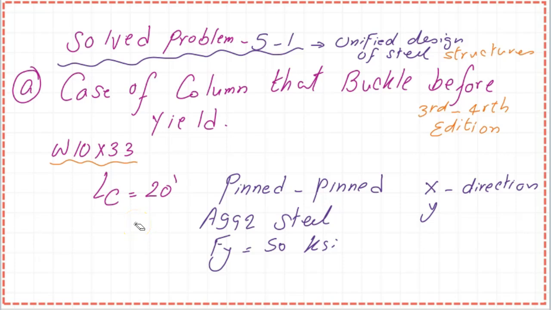The height of the column is 20 feet, and that column is pinned from both sides in both X and Y directions. The type of steel is A992 steel, which means that the yield stress of that column is 50 ksi. We'll move to the next slide.